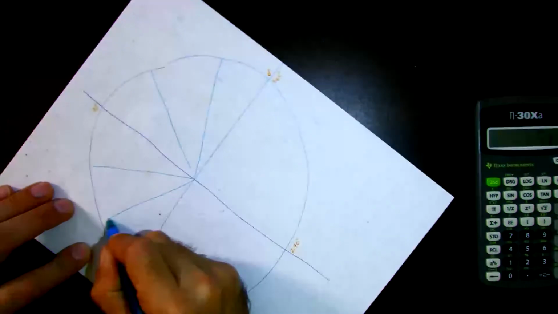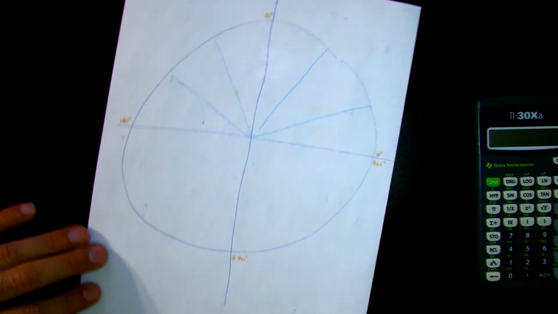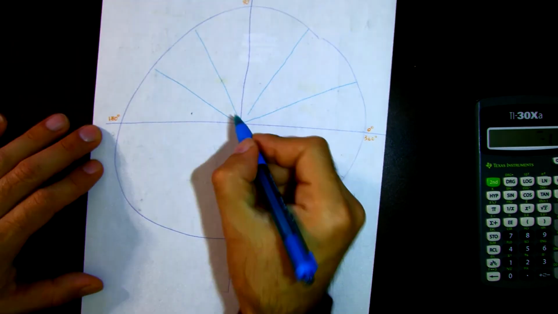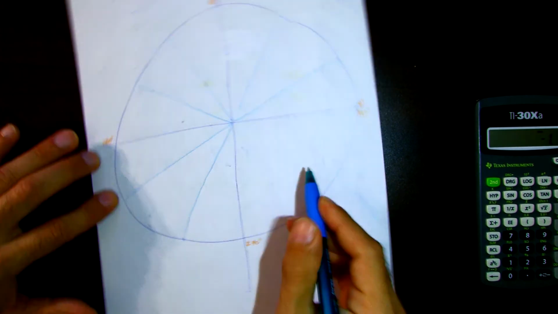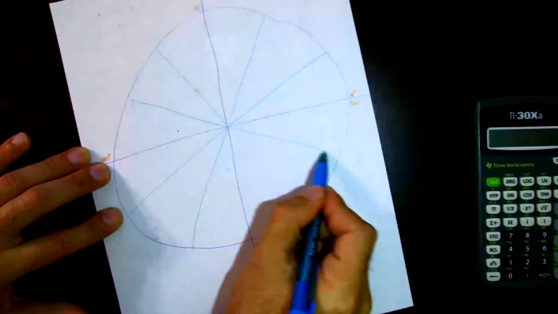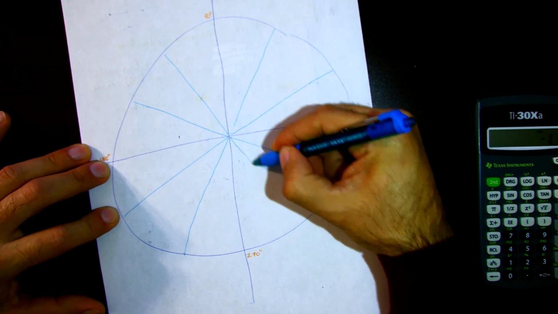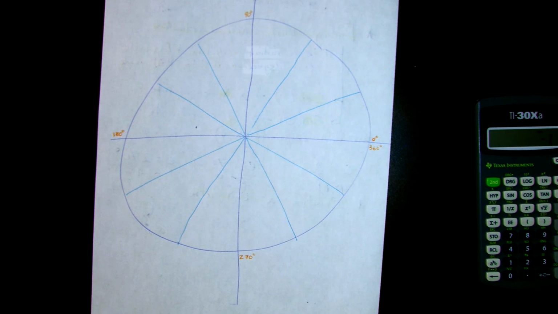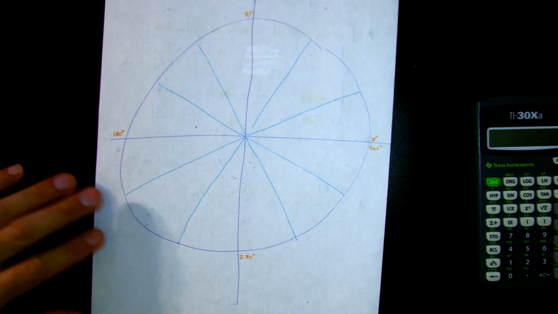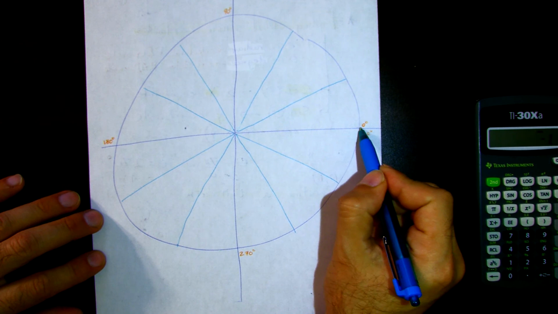Thirds. And just keep going around the circle.